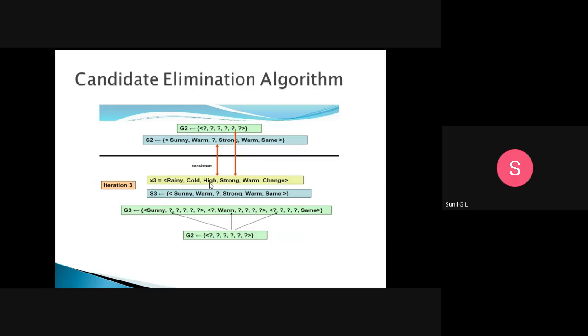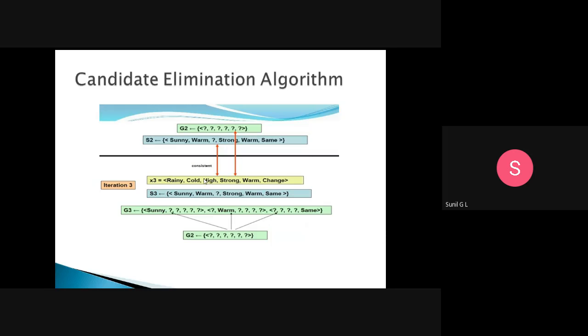Here a high is there and here a question mark is there. When there is a high and a question mark, don't change anything. Only if values are different, specific values should be kept.